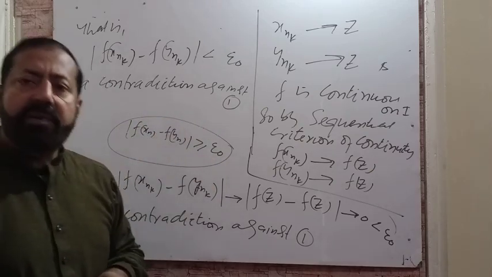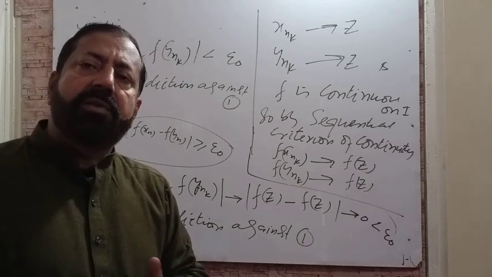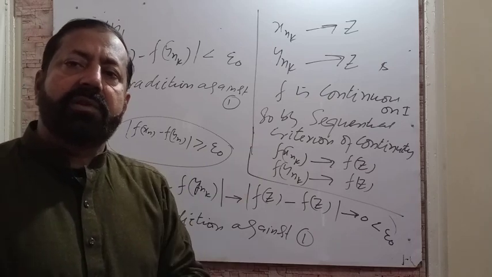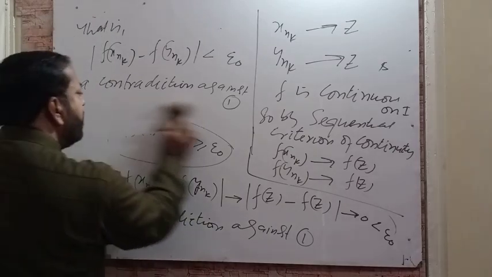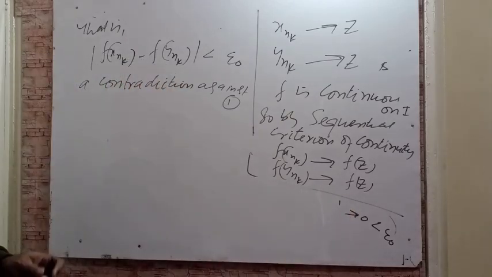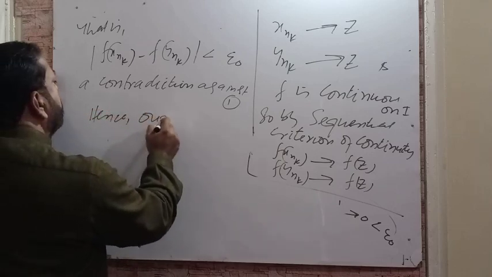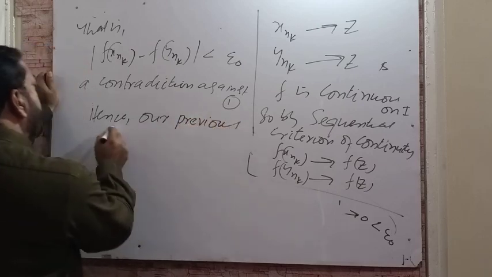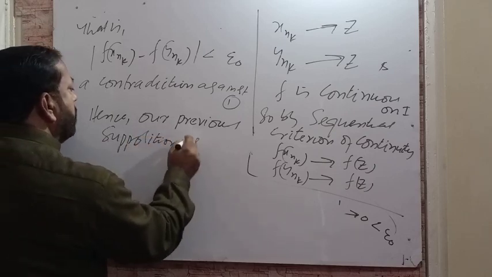So this means that you have created such a contradiction because you have assumed that your function is not uniformly continuous. This means that our previous supposition was wrong. Okay. Hence, our previous supposition is wrong.